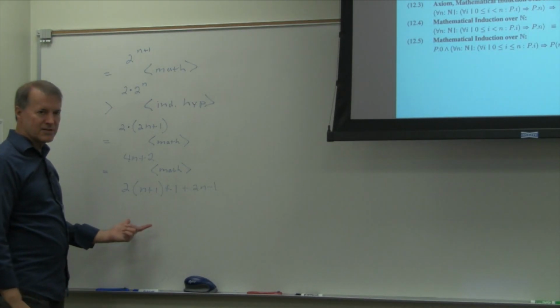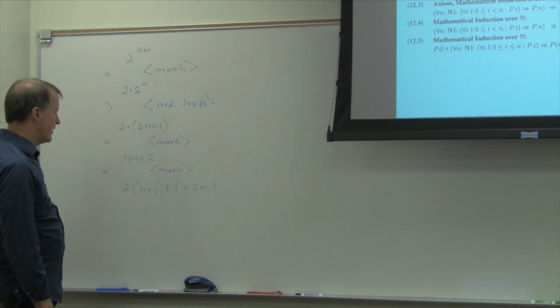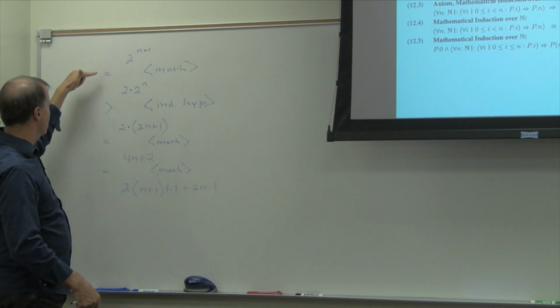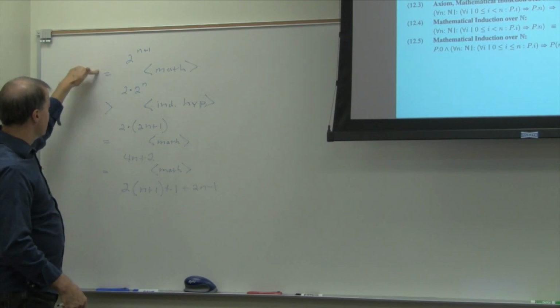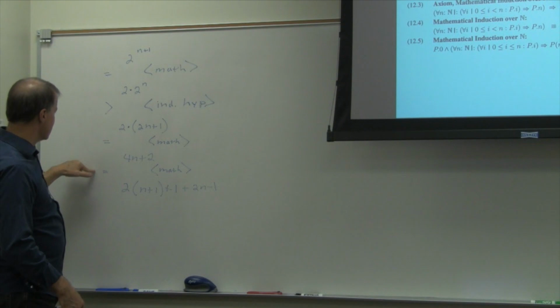Now how do we reason? Well, we know that this equals this, but what's the whole thing that we're trying to prove? That this is greater than this equals this equals this.